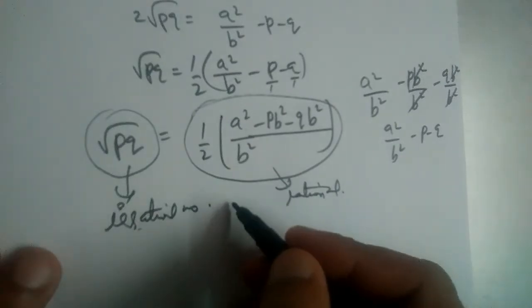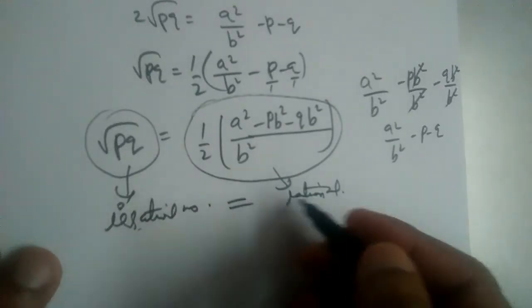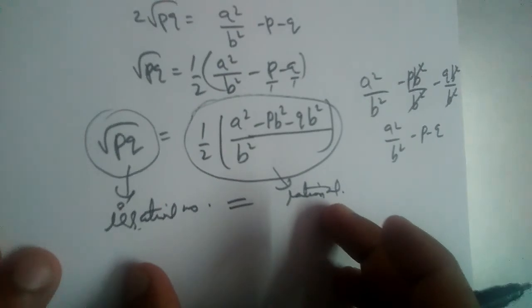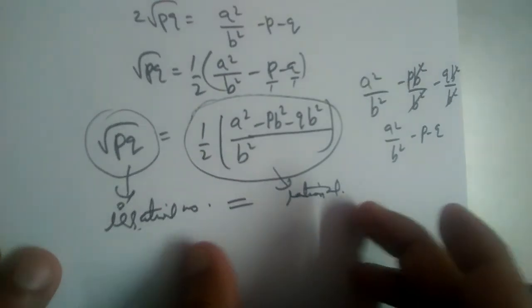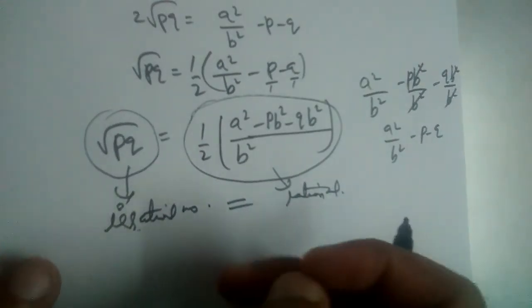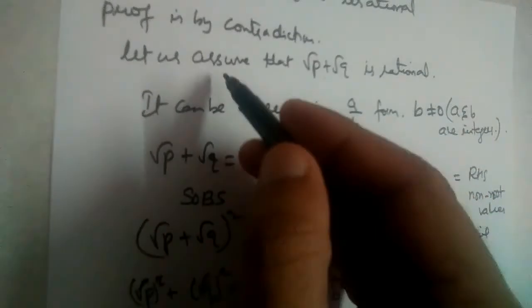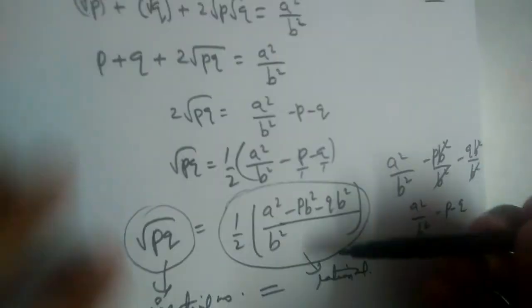So we got an irrational number equal to a rational number, isn't it? This is something which should not happen. This will never happen, right? An irrational number cannot be equal to a rational number. A fallacy has occurred here. Why did it occur? Because of a wrong assumption here. See here, did we make any mistake in these steps? No, right?